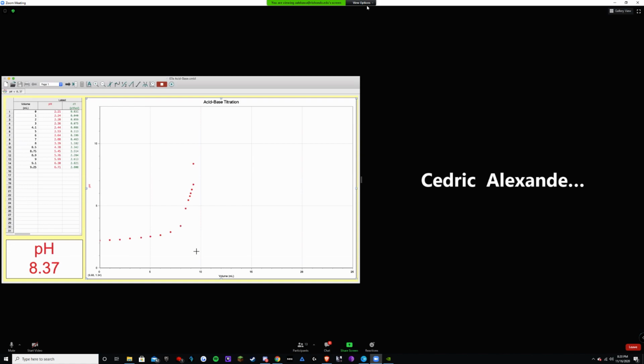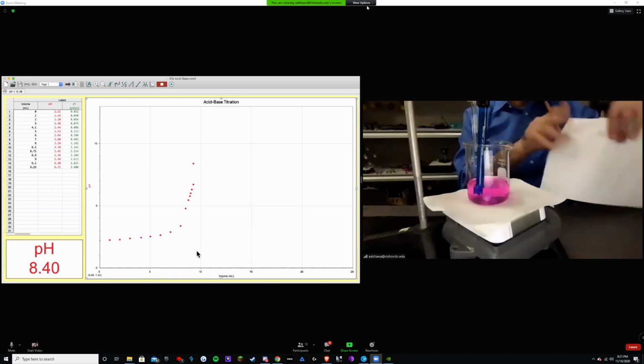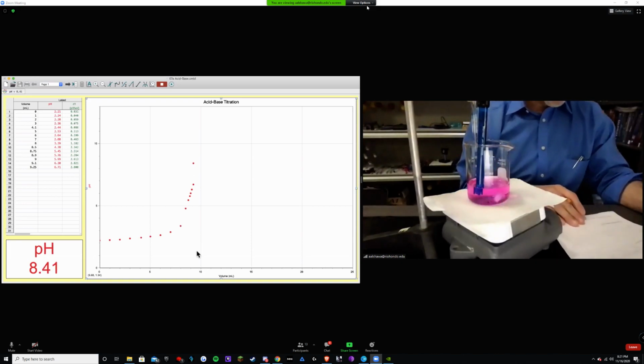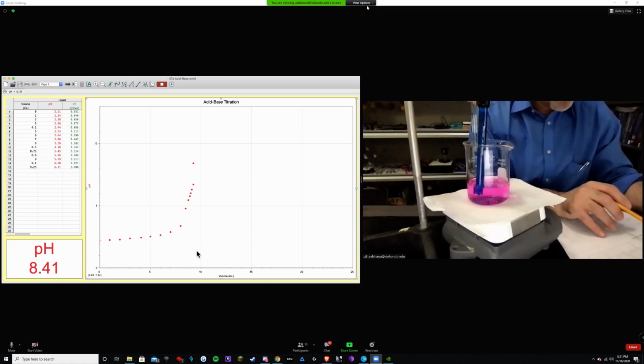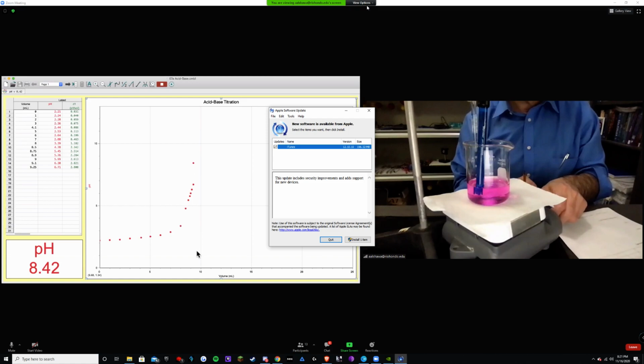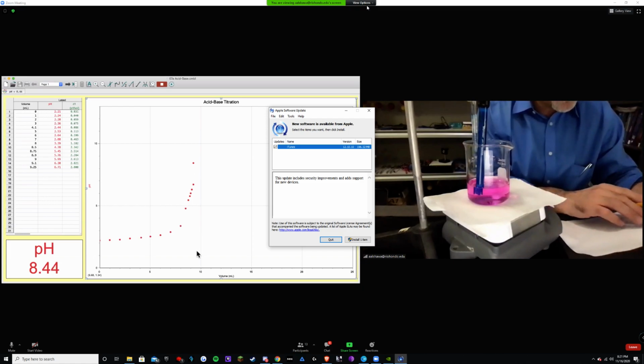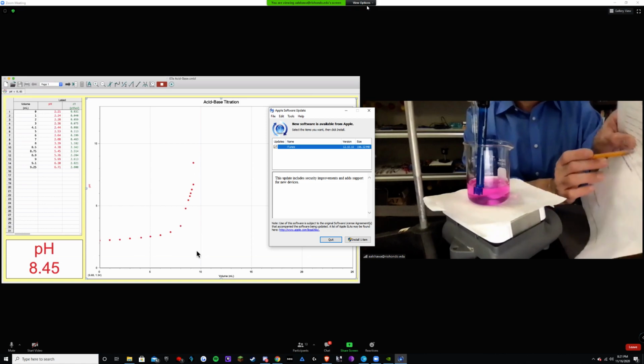I'm also wondering about the recordings on the titration sheet. For the titration sheet, so far we can record the volume of hydrochloric acid for the first trial. Remember that volume?